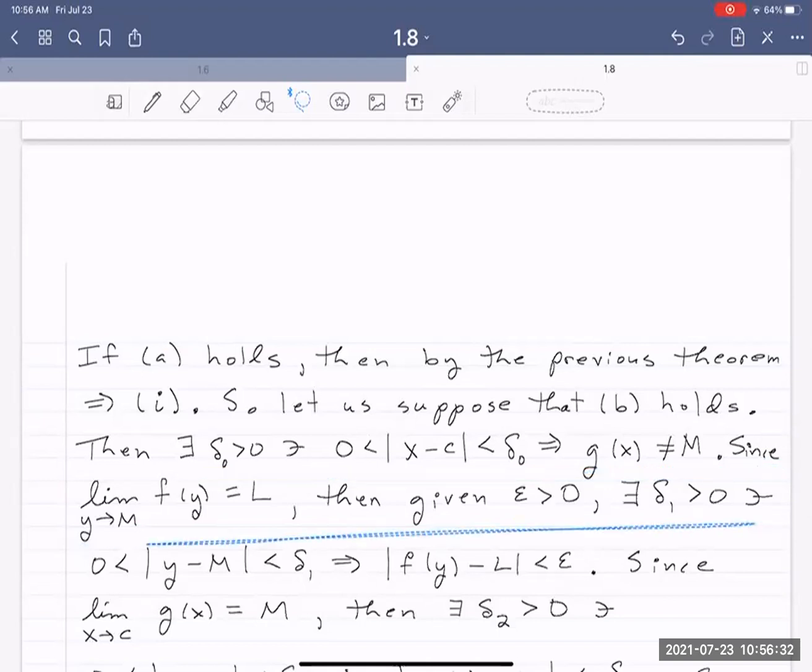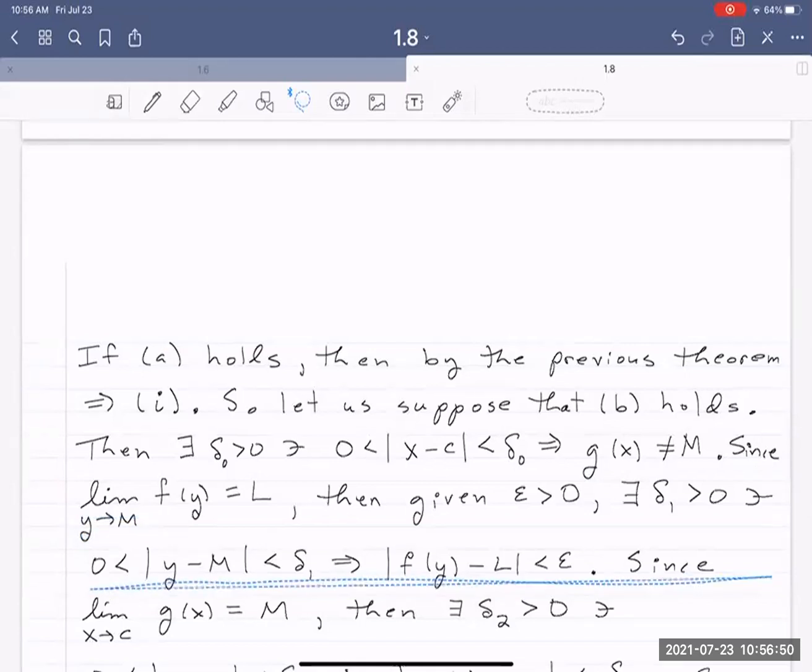Since the limit as y approaches m of f of y is L, then given epsilon greater than 0, there exists a delta 1 greater than 0, such that y minus m in absolute value between 0 and delta 1 implies that f of y minus L in absolute value is less than epsilon.